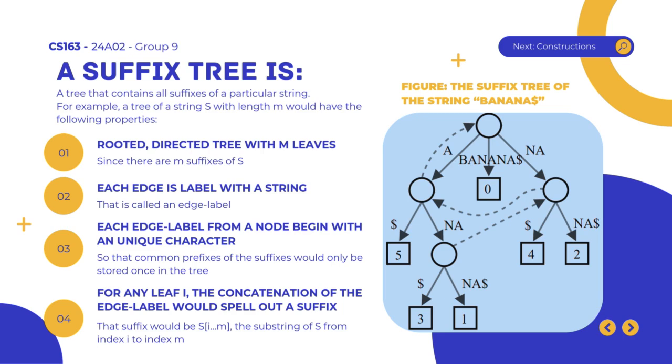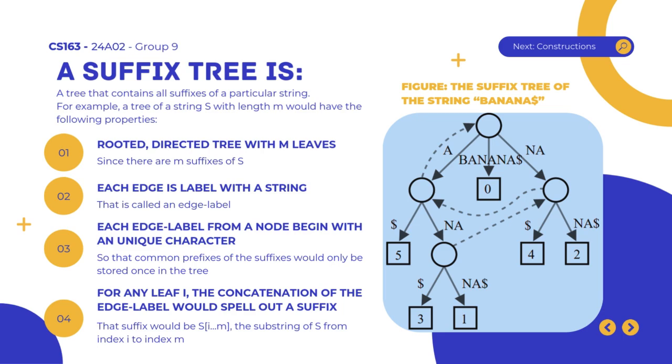Second, its edges are labeled with a string. The third is that the edge labels from a node begin with a unique character. And finally, for any leaf, the concatenation of the edge labels would spell out a suffix.